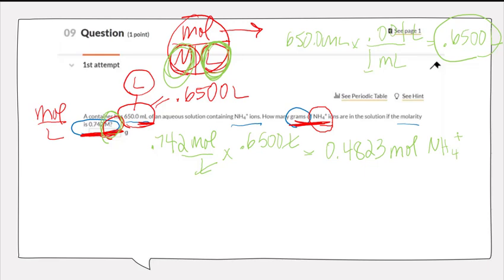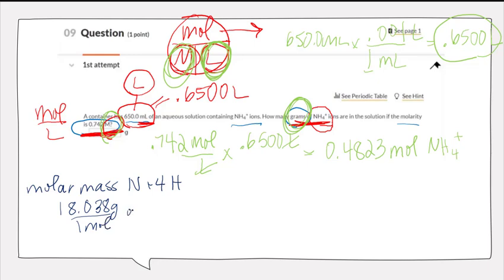Now, we're almost there. We want grams. So we're going to go one more step and we need to find the molar mass of 1 N and 4 H's. And that should tell me that it is 18.038 grams in 1 mole, or in 1 mole, there's 18.038 grams.